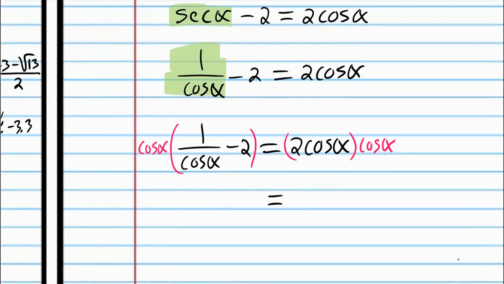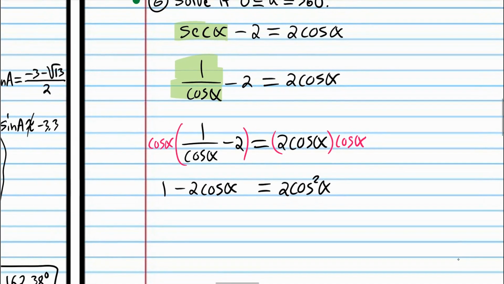And we get 2 cosine squared alpha. And we can distribute. So cosine alpha times 1 over cosine alpha is 1. And cosine alpha times -2 is -2 cosine alpha.